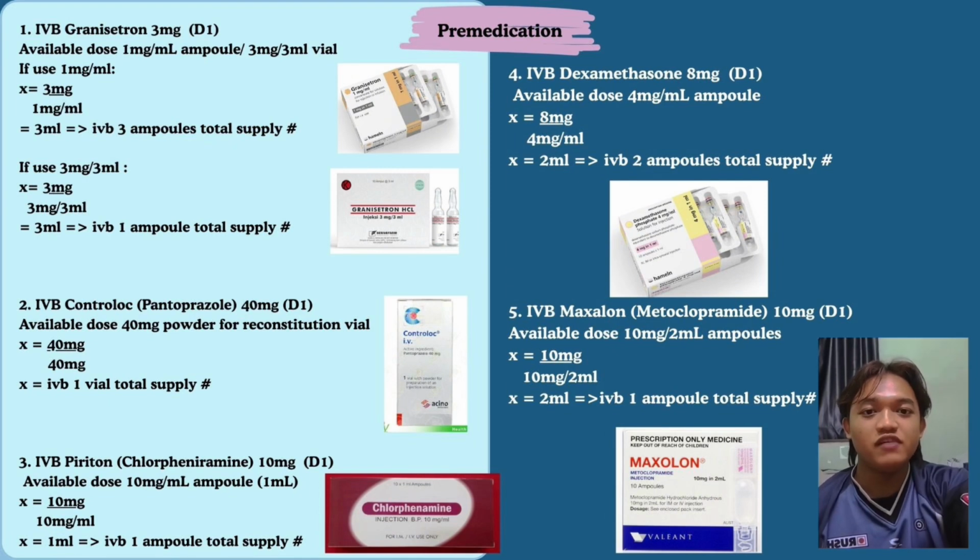Available dose is 10 mg per 2 ml ampule. X equals 10 mg divided by 10 mg per 2 ml, which means X equals 2 ml. Total supply 1 ampule only.